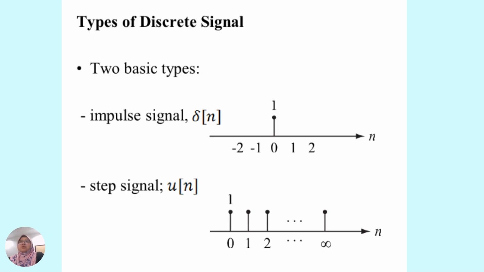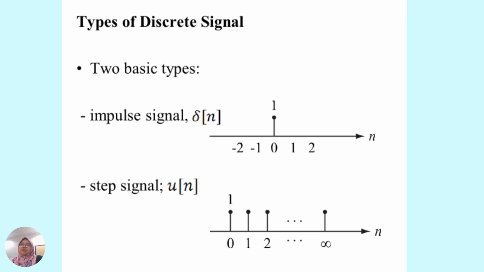So there are two types of discrete signal that we always use as an example, or as a system response, to check our system, as an input, or as the response from the system.